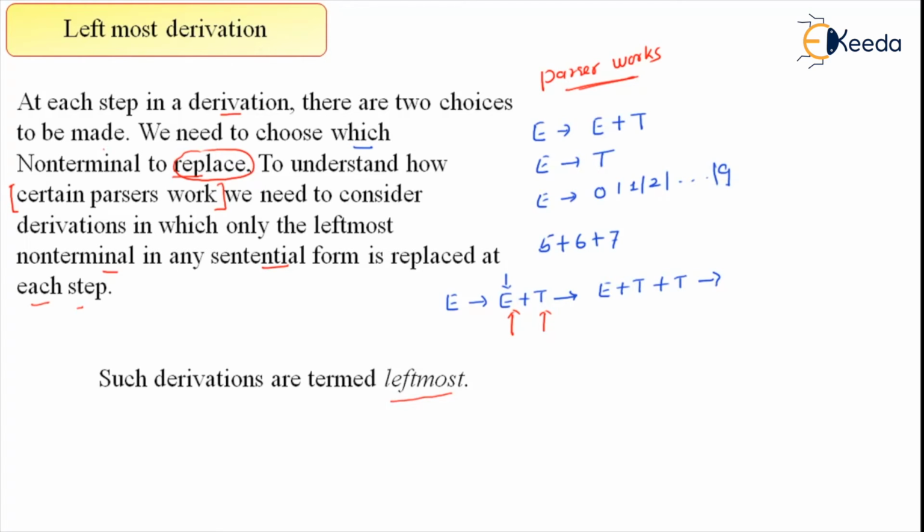In the next step, this is the leftmost non-terminal, so now this will become T plus T plus T. In the next step, this is the leftmost non-terminal, so I replace it by 5 plus T plus T. Now this one is the leftmost non-terminal, so 5 plus 6 plus T, and finally we have only a single non-terminal, so I replace it by 5 plus 6 plus 7.